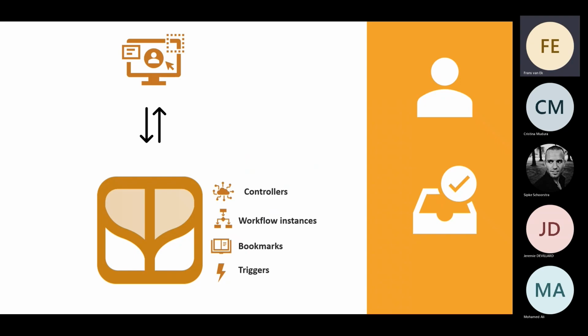So a bookmark is basically a workflow instance that got suspended, like you used to do in an old school book, where I folded the pages. I know people will frown upon that, but I folded the pages to know where I was, and that is the intent of the bookmarks, just to indicate from this point on the workflow instance is suspended, and I'm waiting on a certain signal to continue its execution.